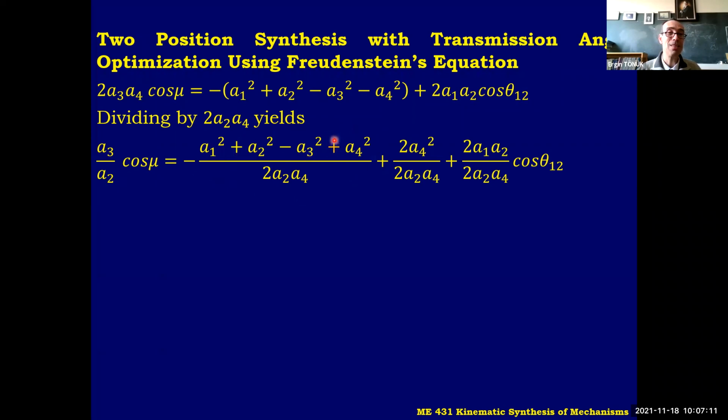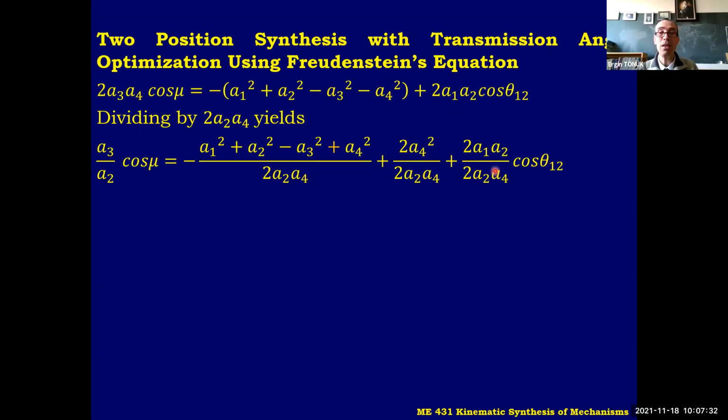And this plus is not yellow, it's a little darker. You will see the reason. A4 square over A2, A4, and A1, A2, A2, A4. A2s will cancel, and one of the A4s will cancel.